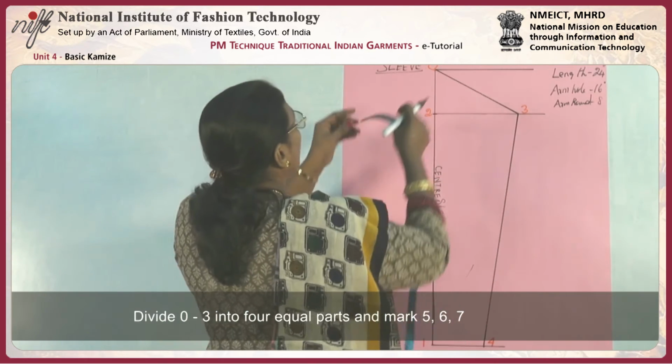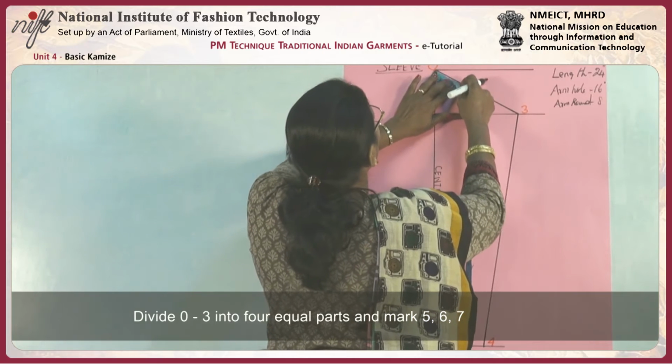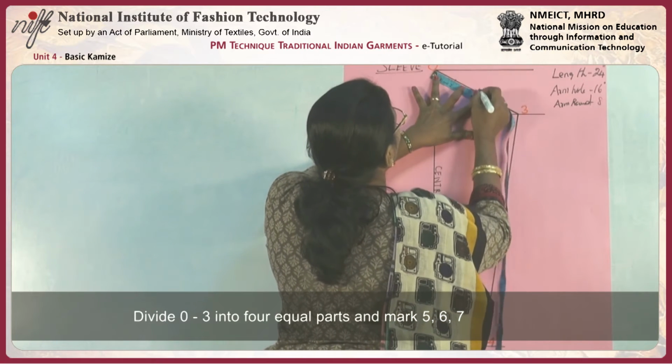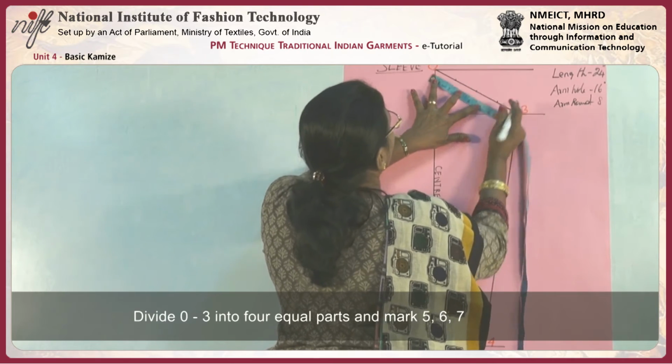Now, divide this armhole into 4 equal divisions, 2, 4, 6.